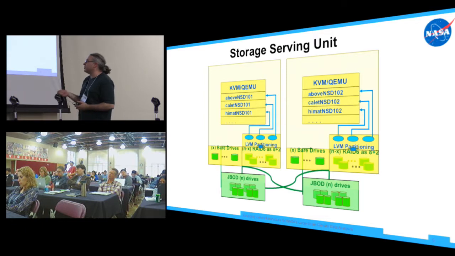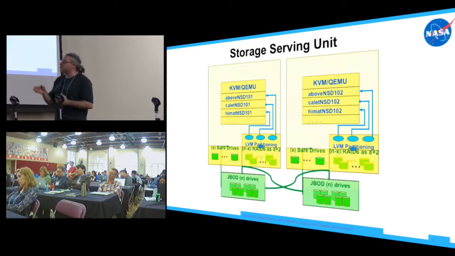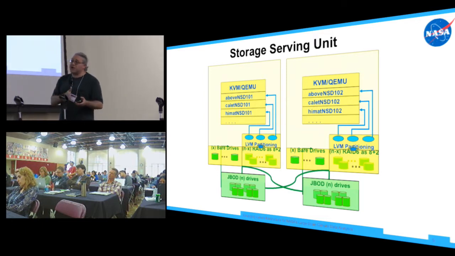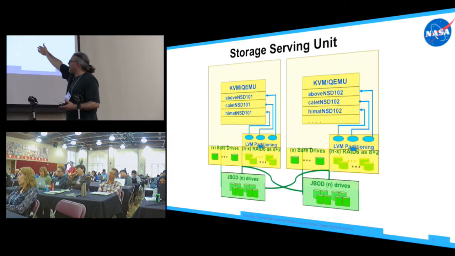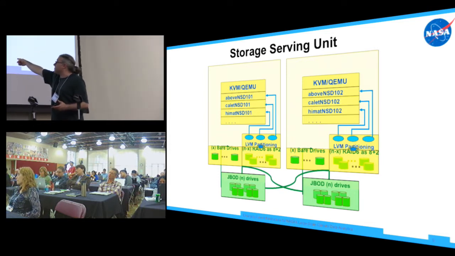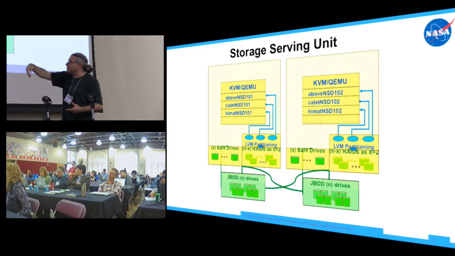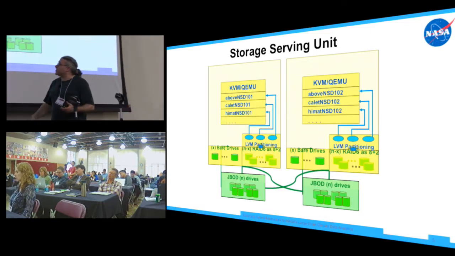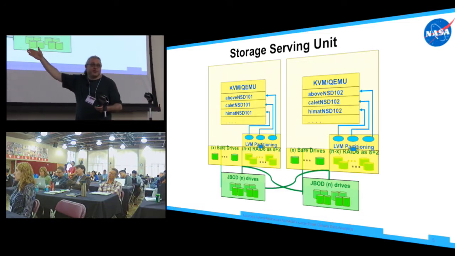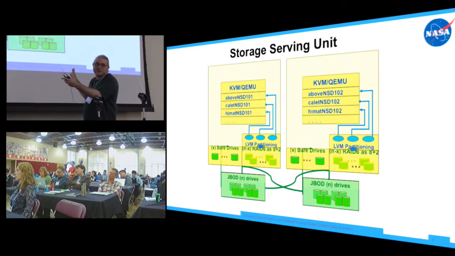You have a bigger problem with mdadm in that you can't have the same RAIDs assembled on both sides. Maybe the node on the right has all the RAIDs that are part of its JBOD assembled, and the node on the left has all its arrays live assembled over here. Well, you can't have the same ones assembled on both sides.